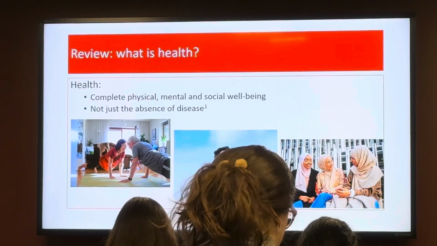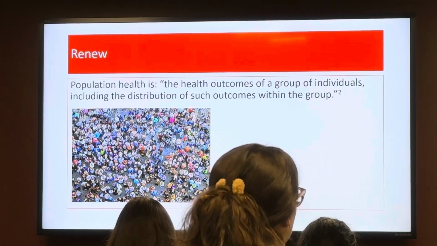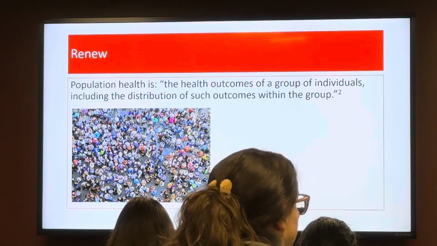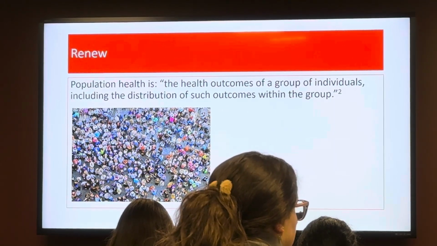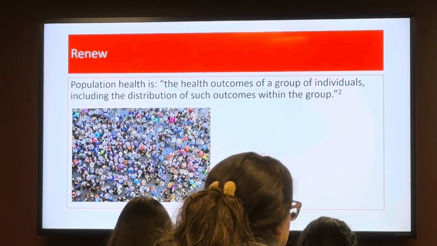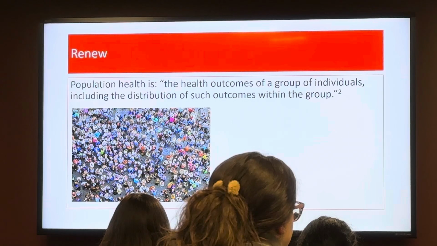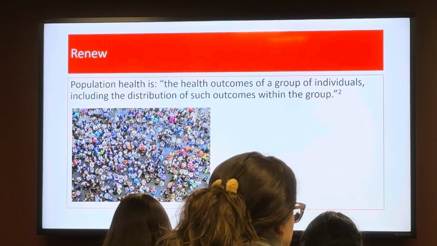And then I didn't talk about this last week, so this is new. Just something to remember is that we talked about individual health, but we also need to talk about population health. And that is the outcomes of a group of individuals and the distribution of those outcomes within a group, right?